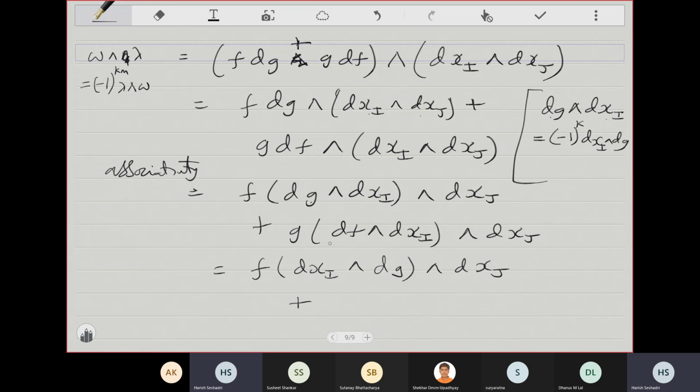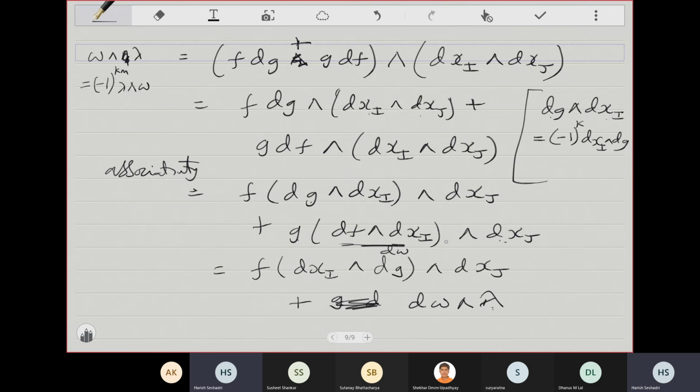And then here I don't have to worry too much. This is just df wedge dxi, which is just d. So then this g I'll combine with dxj. So this is just d omega wedge lambda. This is d omega, and g times dxj is lambda.